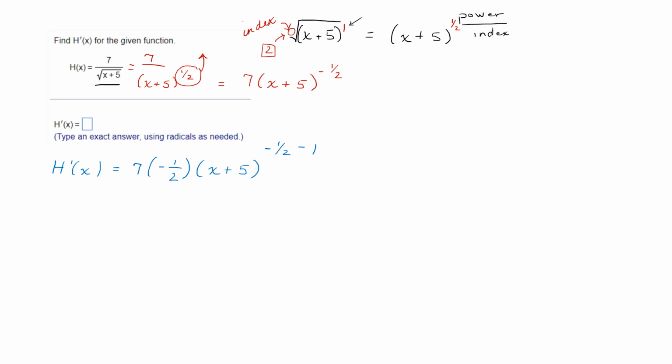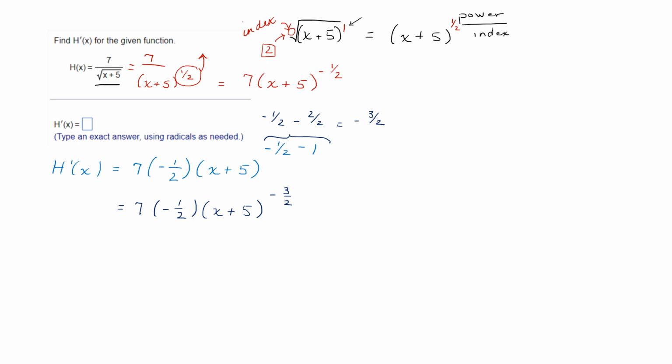I can do that if I'm doing it by hand, as negative 1/2 minus 2 over 2, which becomes negative 3 over 2. So what we end up with is 7 times negative 1/2 times x plus 5 to the negative 3 over 2.